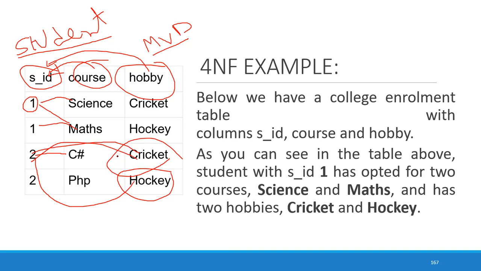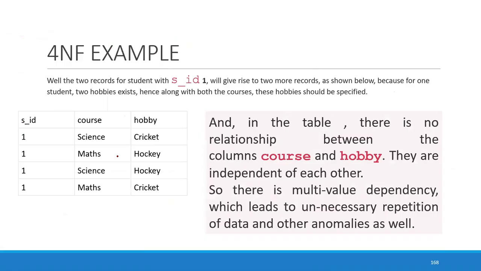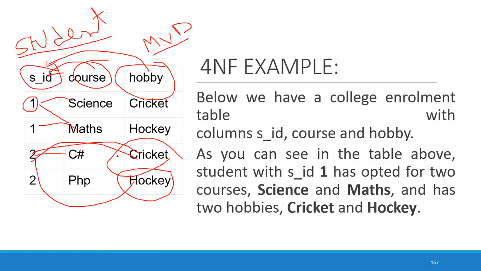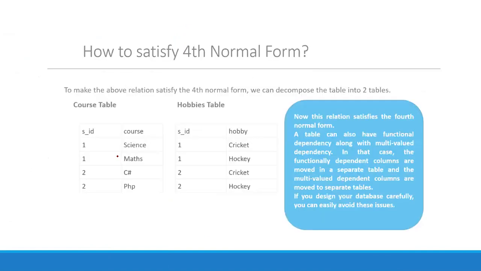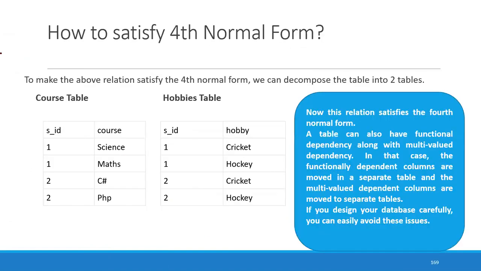We have to decompose this table into two or three tables: a course table and a hobbies table.